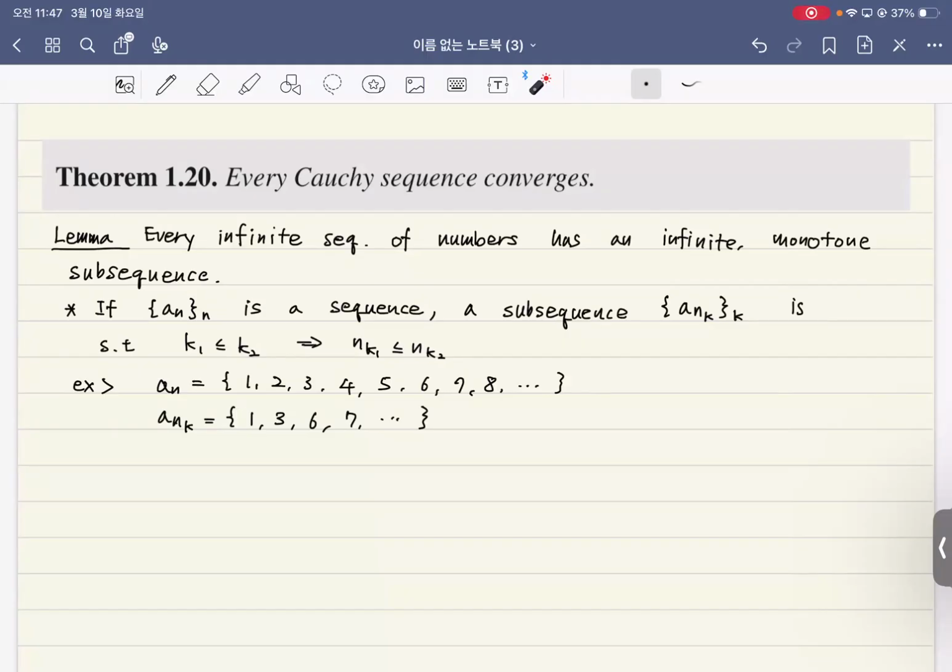So in that case, you can find an infinite decreasing subsequence from the original sequence. Right? Yeah, I'm just repeating the argument from our textbook.